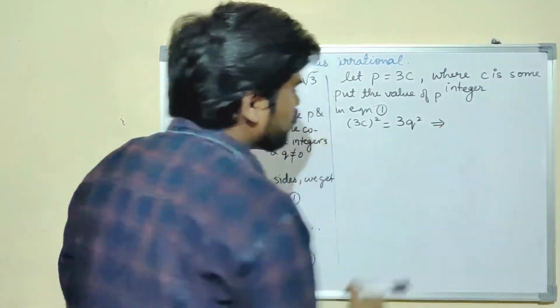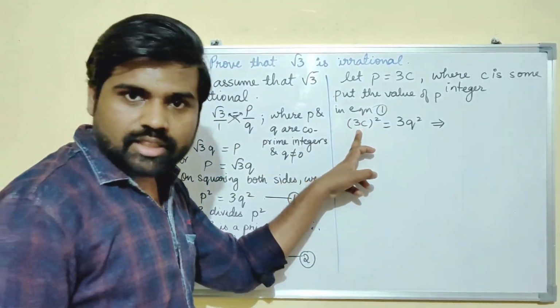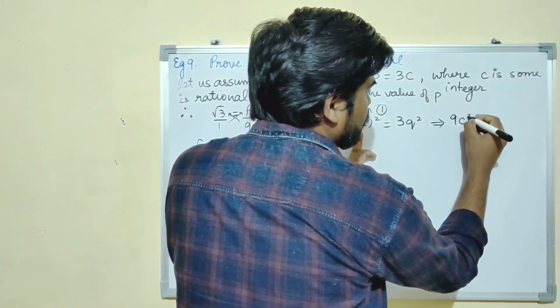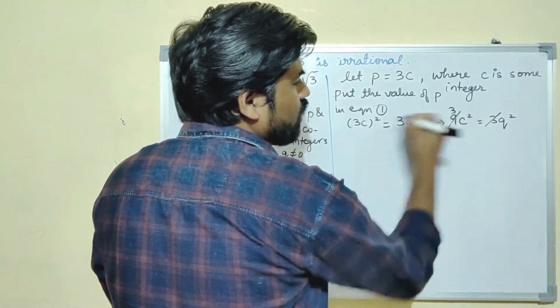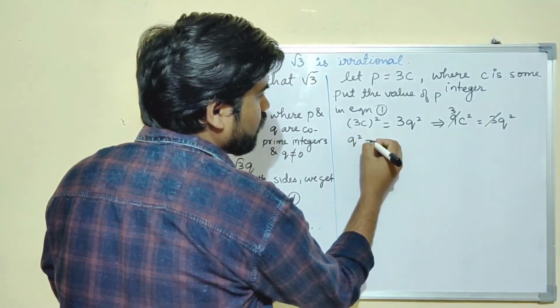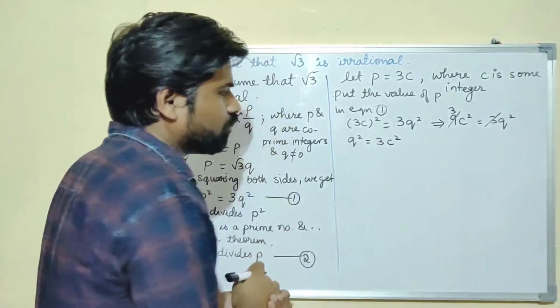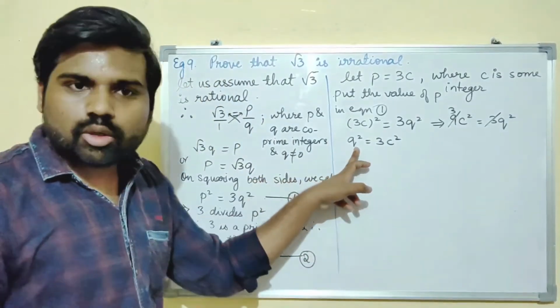After solving this, you'll get 3C squared is 9C squared, equals 3Q squared. 3 times 3 is 9. You will get Q squared as 3C squared. Now what can you conclude from this expression?